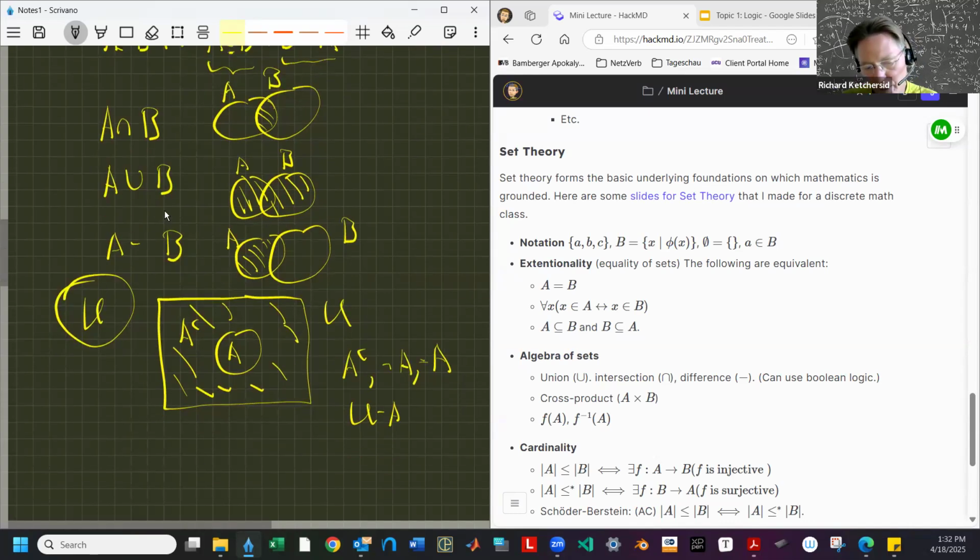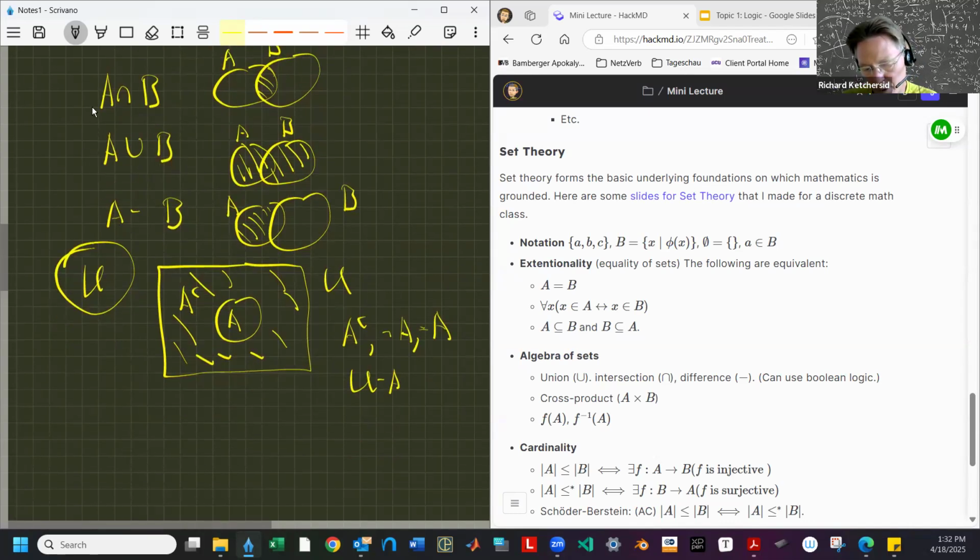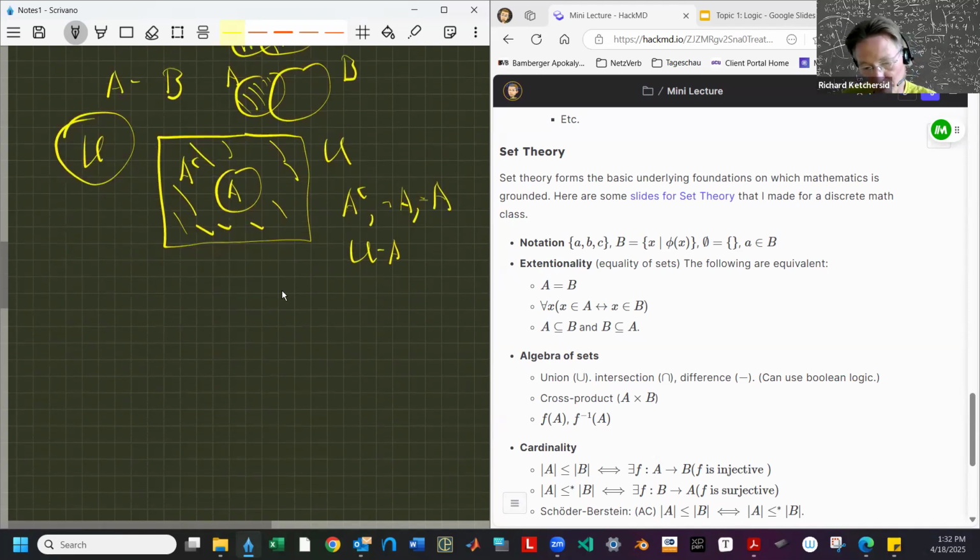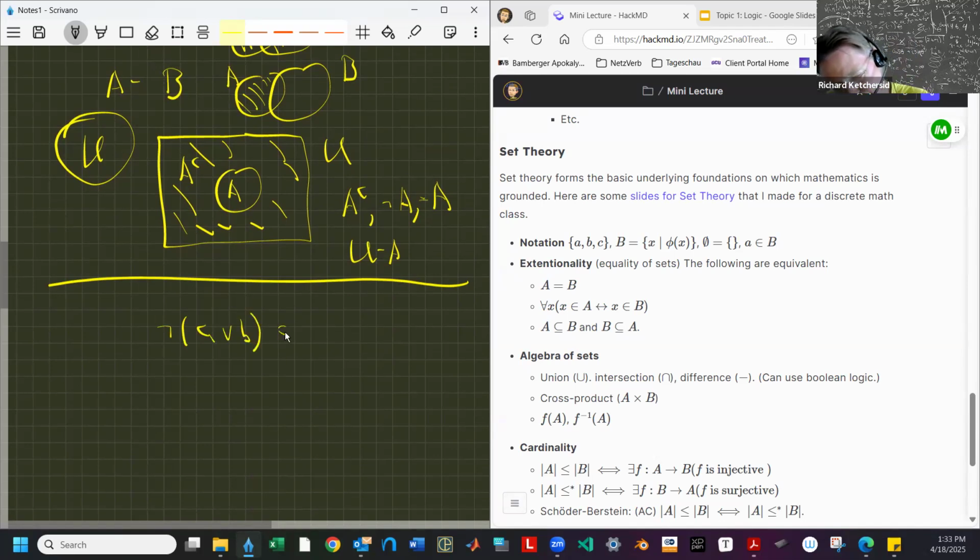And one thing about these is they're very much like their propositional counterparts, right? So for example, we had a proposition that looks like this, right? Not (A or B), this is De Morgan's, right? Is equivalent to not A and not B, right?